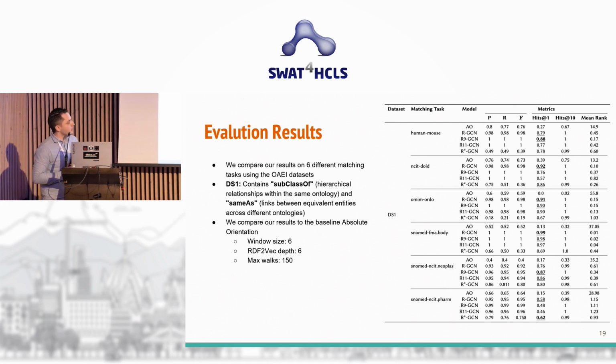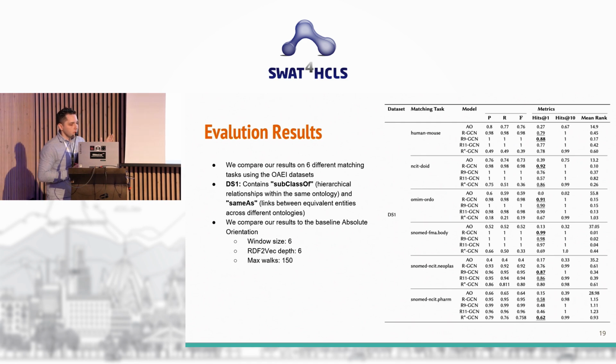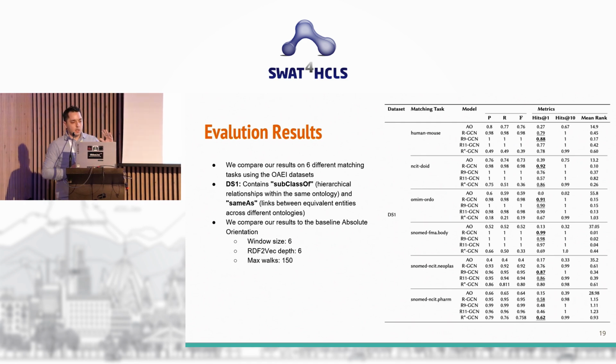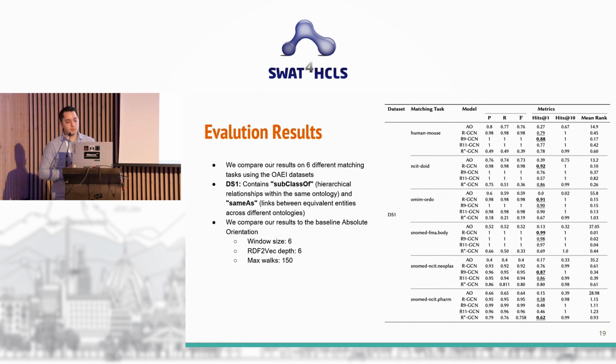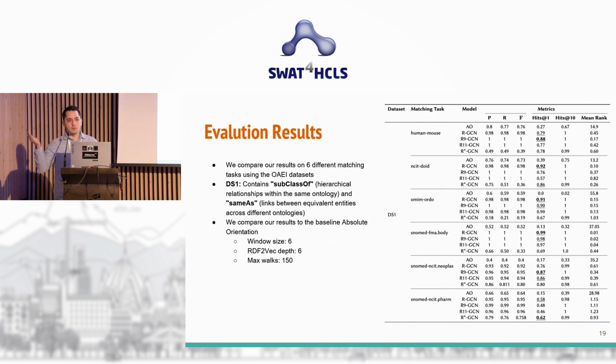So just to summarize this, we really see that even the non-variant version of R-GCN still outperforms AO, and this was our hypothesis, that AO wouldn't really generalize to multiple tasks, and you can see the results as we were showing.